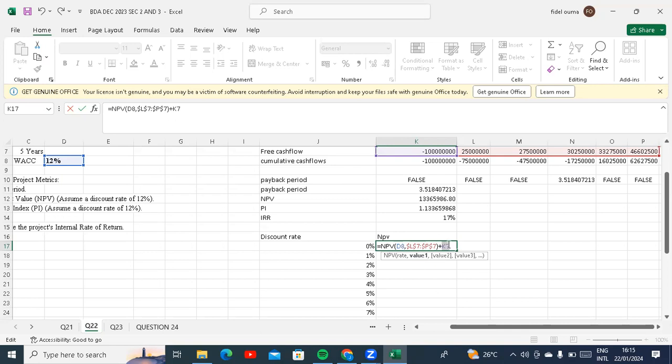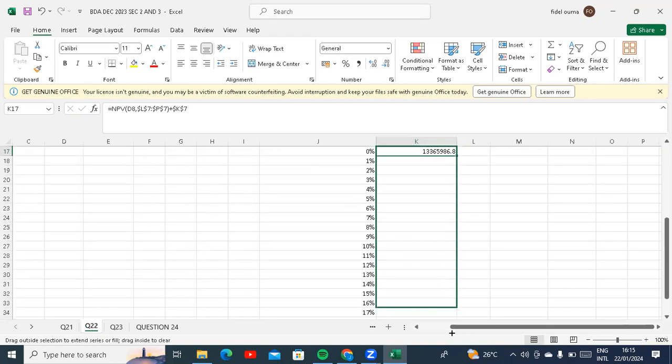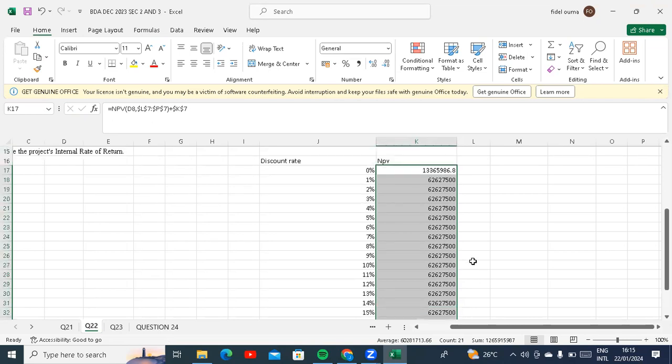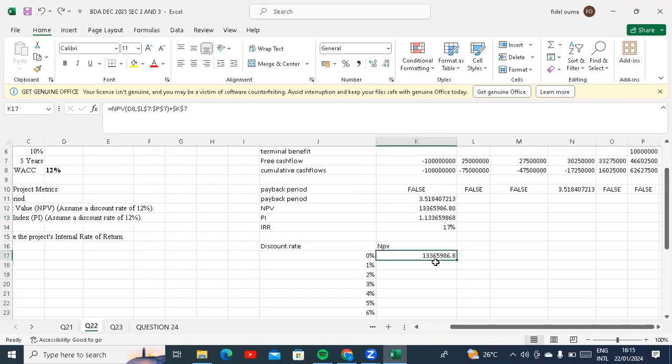I'll also lock this with F4, because they're constant. Then I say enter. Once I enter that, I'll just drag all through up to 20%. Let me undo it if there's a problem.